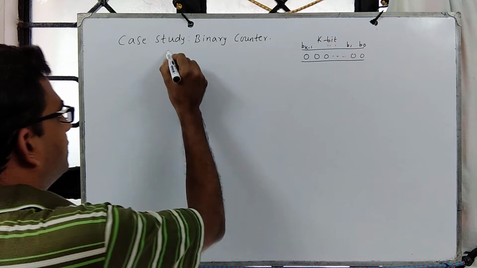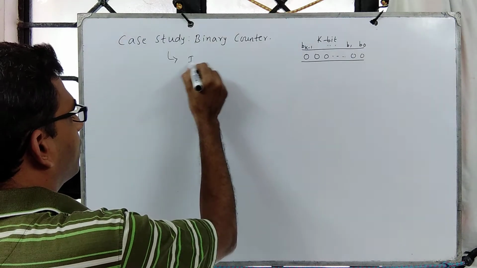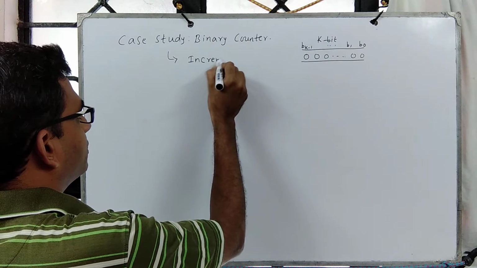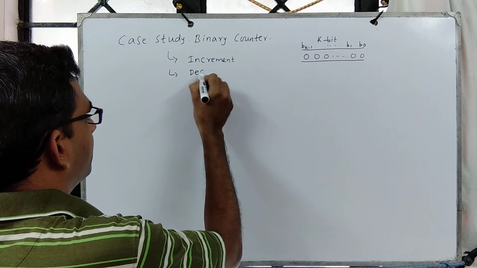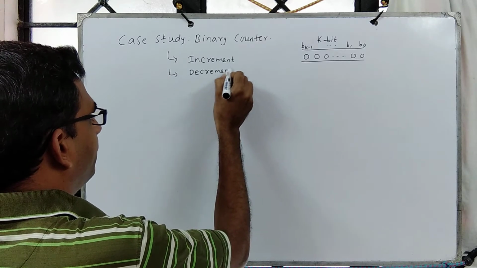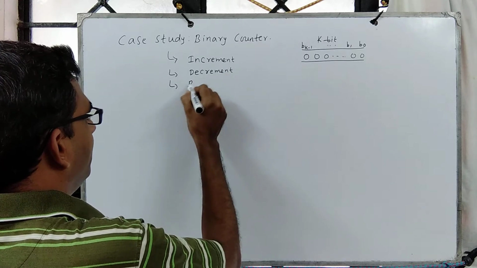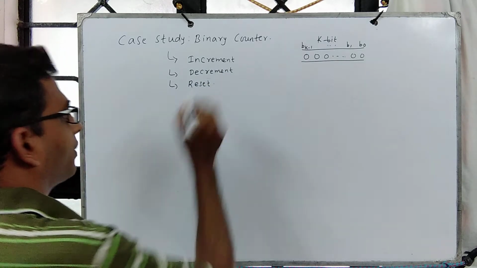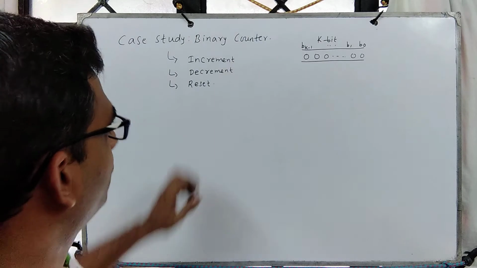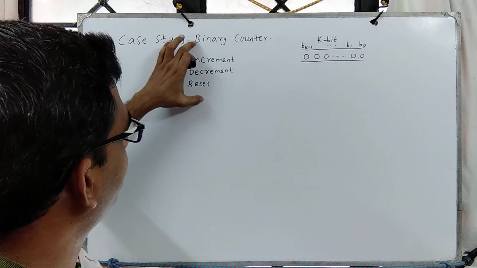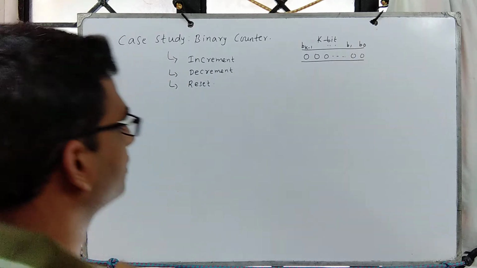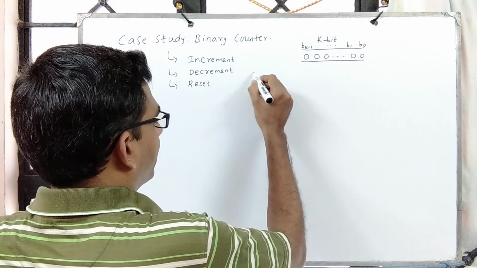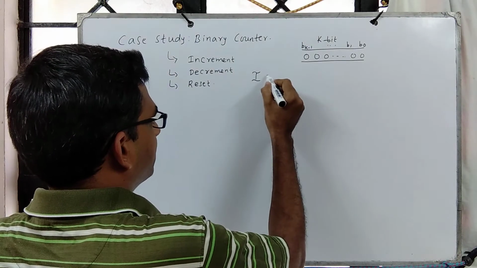As part of this, we perform the following operations: something called increment, then decrement, and reset. So what we want to know is, given this binary counter and these supporting operations, an arbitrary input sequence is given to us.